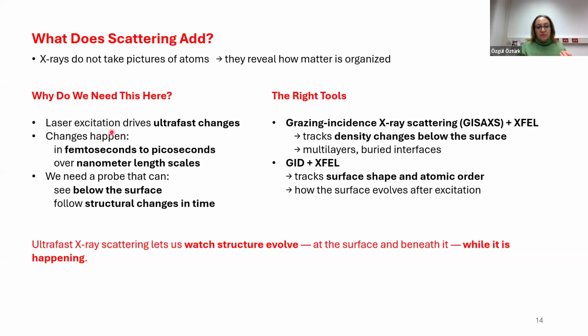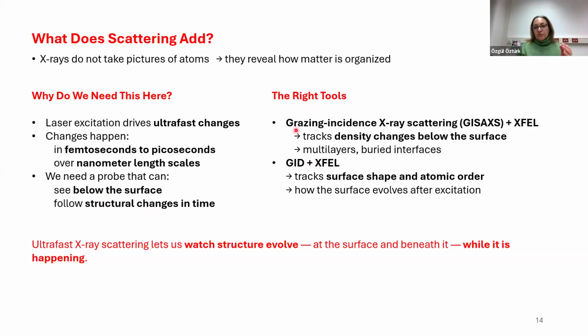Because laser excites the system, and this gives us ultrafast changes. Changes happen in, as I said, femtoseconds to picoseconds and over nanometer length scales. Therefore, we need a probe that can see below the surface and follow the structural changes in time.